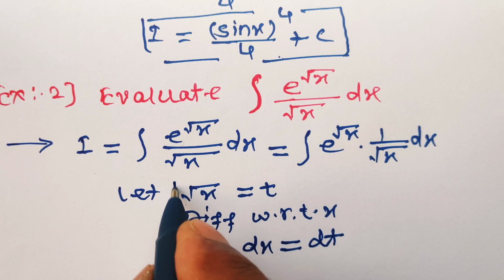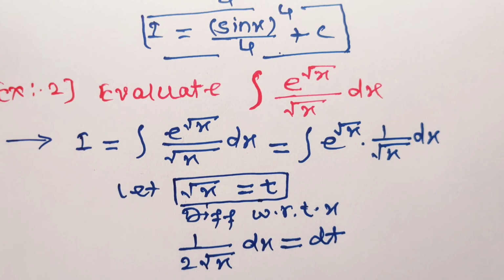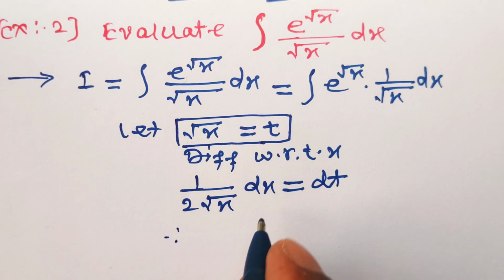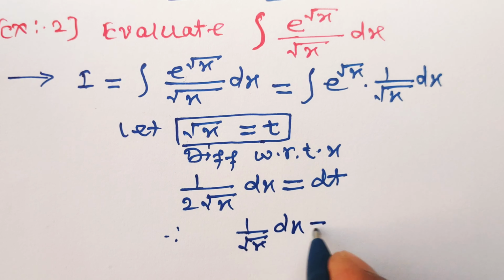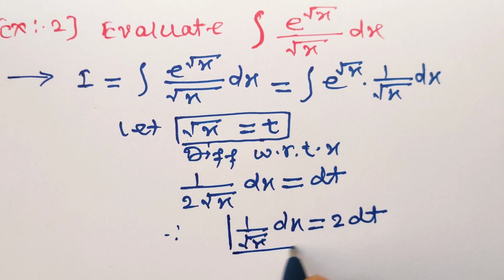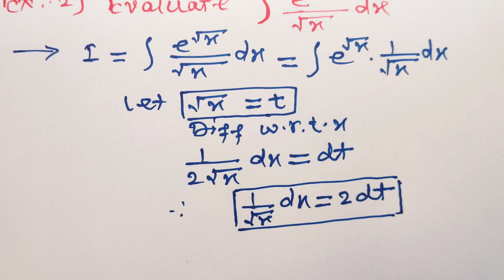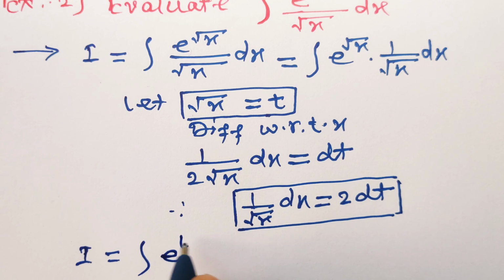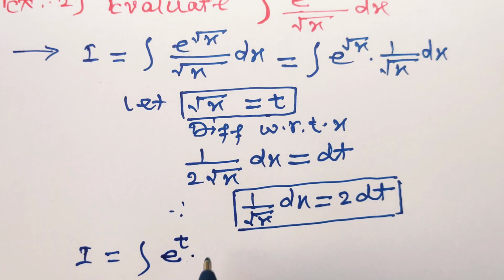Meaning of this is, in the integrand root x we have to replace by t, and taking this 2 on this side, 1 upon root x dx is equal to 2 dt. 1 upon root x dx we are replacing by 2 dt. Then integral becomes I is equal to integral of e to the power root x, that is e to the power t, and 1 upon root x dx is 2 dt.